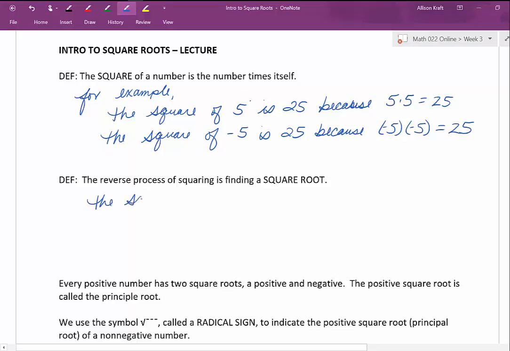The square root of 25 is 5 because 5 times 5 is 25.